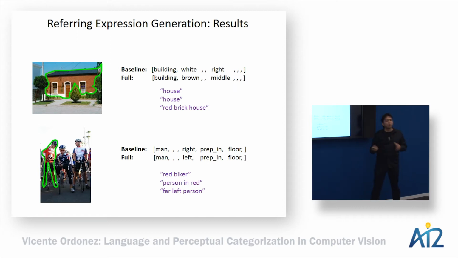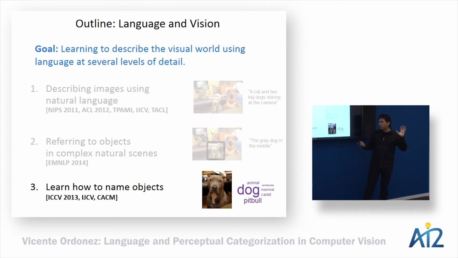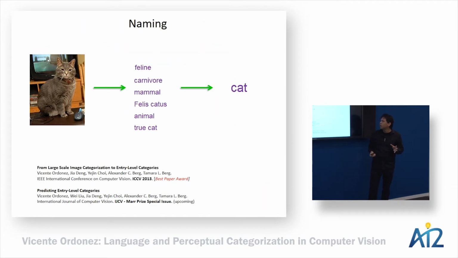So there is some connection between the visual nature of objects and how we map them to categories. And this is the last part of my talk, where I talk about learning how to name objects. And this is related to work in psychology on entry-level categories. You have an object and there are many names that could apply.